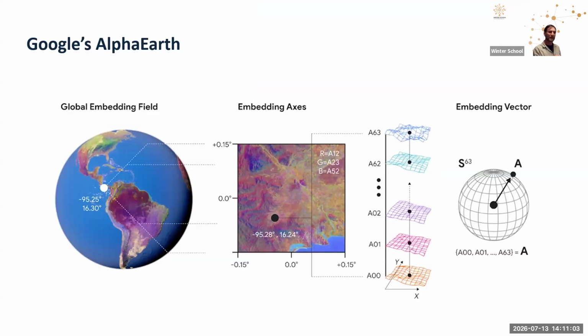I think it might be down to 10 meters squared resolution or something like this. And they've taken all that data and generated embeddings for every spot on the planet. And the embedding, in their case, it's just a 64 dimensional embedding. So quite small, quite compact.